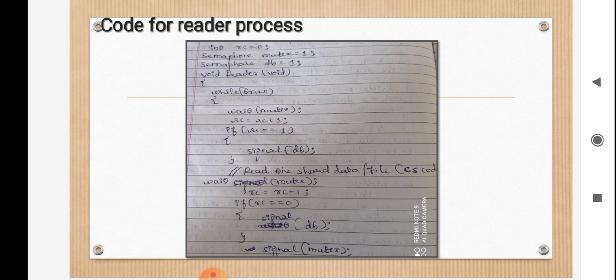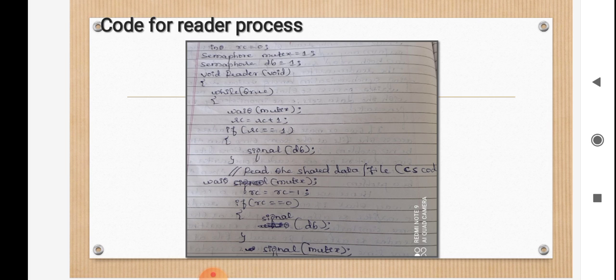Clear? So we use two binary semaphores in this code, that is mutex and db. In the code you might be seeing a mutex and a db.